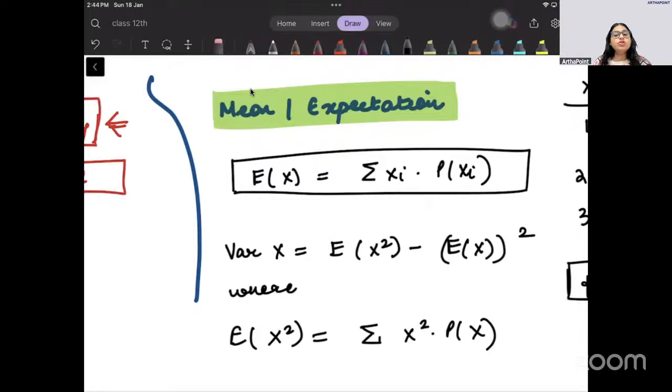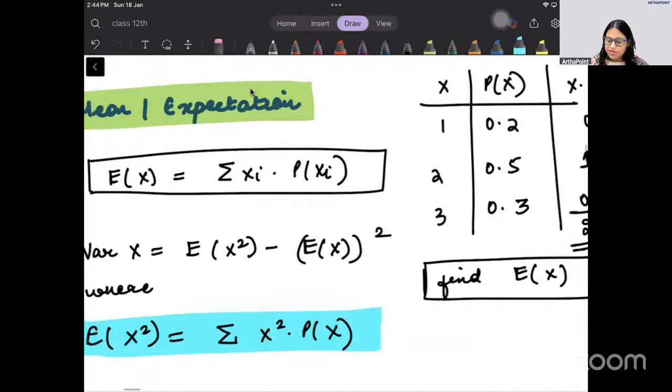E of x square क्या हो जाएगा कि हमें expectation निकालना है x square का. जिस भी चीज का expectation निकालना होता है, you will find that variable and multiply with the probability. ये बहुत important है, because sometimes they will simply tell you find expectation of x cube or find expectation of root x, ऐसा कुछ बोलेंगे. So whenever you have to find expectation of any variable, you will just multiply it with probability.